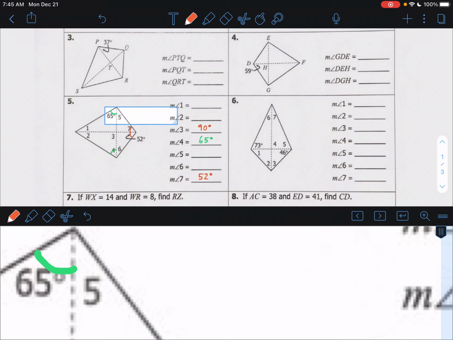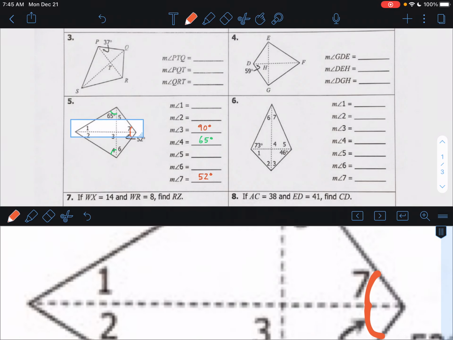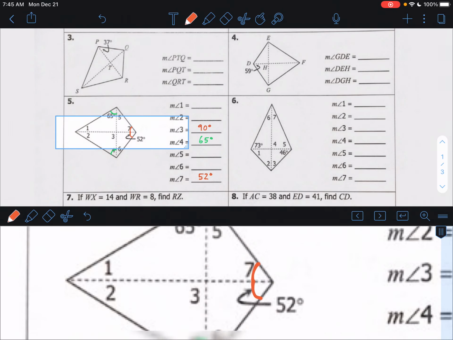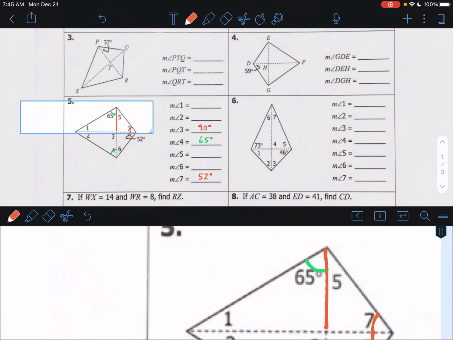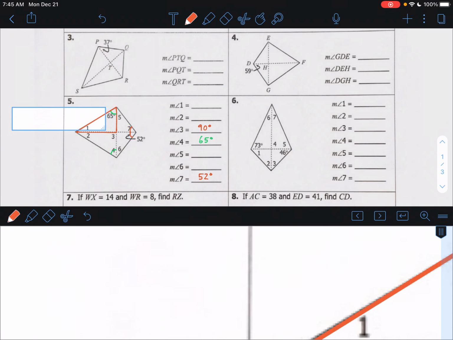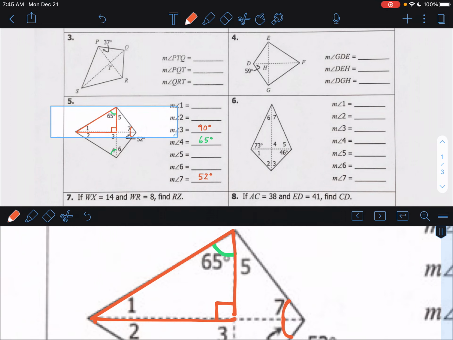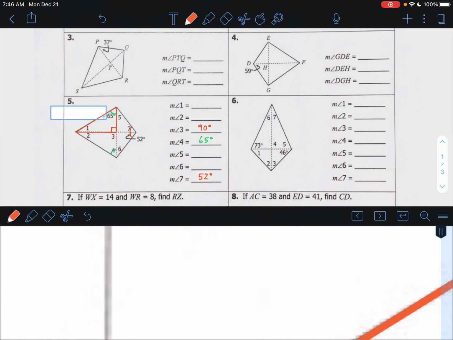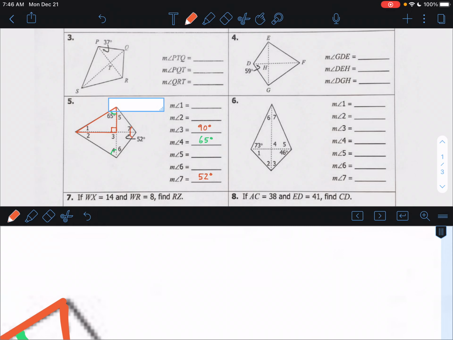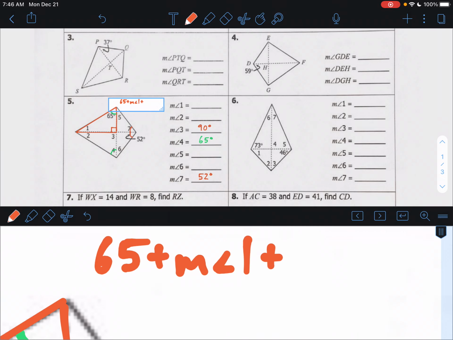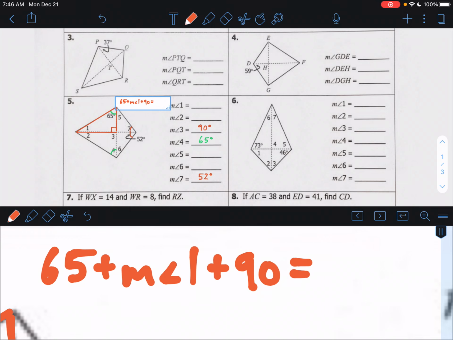I know that whatever 5 is going to be the same as 6, and whatever 1 is going to be the same as 2. So let's look at this triangle right here. I know that's a right triangle. And it has that 1 inside. So I know that 65 plus the measure of angle 1 plus 90, because it's a right triangle, is going to equal 180, because the interior angles of a triangle add up to 180.